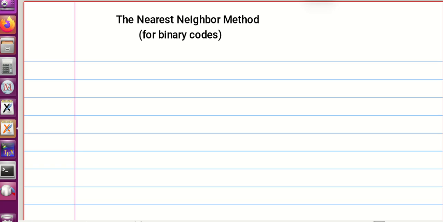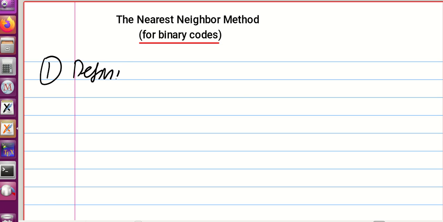We've already seen the nearest neighbor method when we talked about graph theory. This method will be for binary codes. To implement it, we need to step aside and learn some definitions.